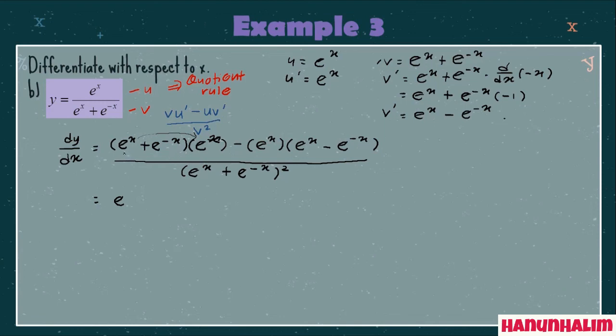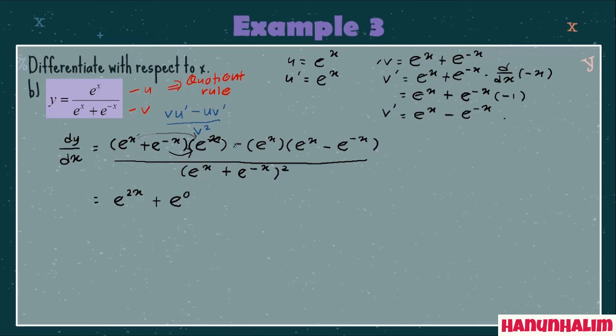So bila base sama, power kita akan tambah. So x tambah x, dia akan jadi 2x. e to the power of negative x darab dengan e to the power of x, dia akan jadi plus e negative x plus x. Negative x plus x, habislah. So tulis dulu 0.